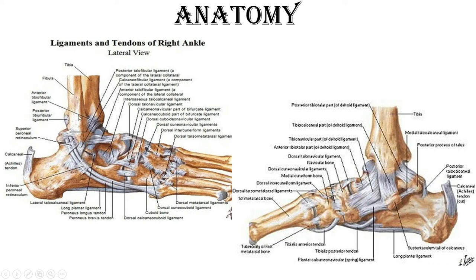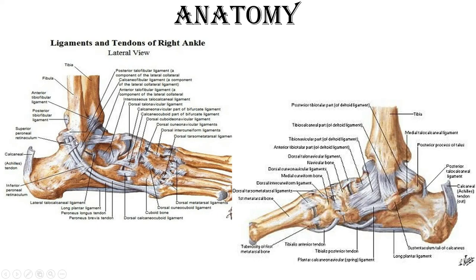Now, in the lateral aspect, the fibula also has three slips. One is attached with the tibia, even the posterior part also, and another is attached with the talus. This talofibular ligament is the most common ligament that gets injured in ankle sprain.